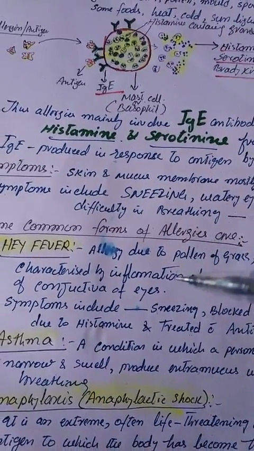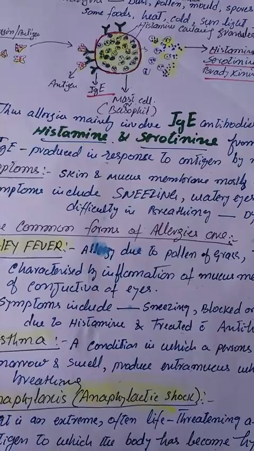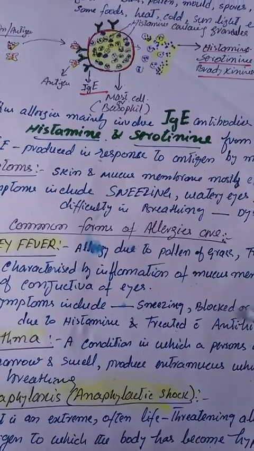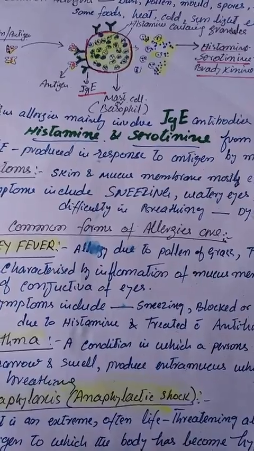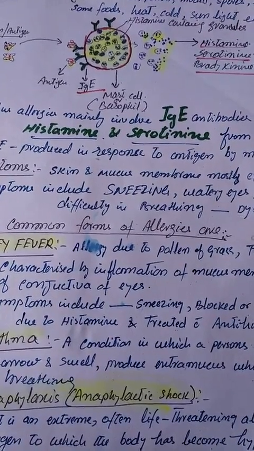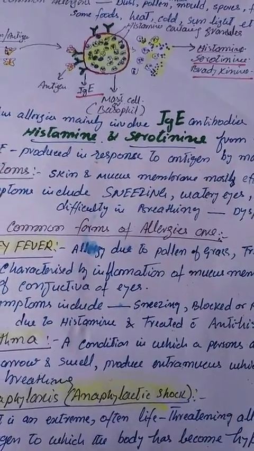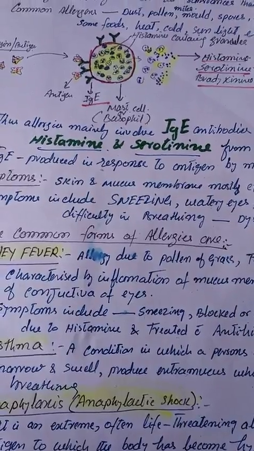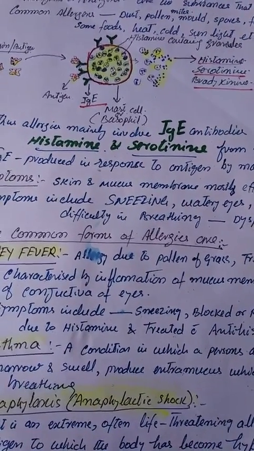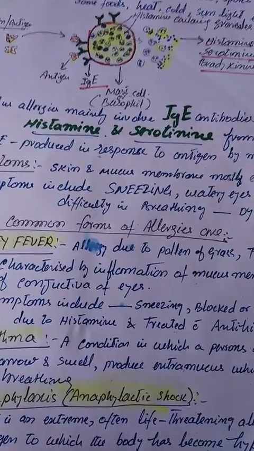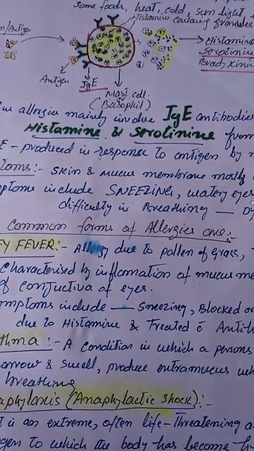It is characterized by inflammation of the membrane lining the nose, that is the nasal mucosa, and sometimes of the conjunctiva of the eyes. The symptoms obviously include sneezing, running or blocked nose, and watering eyes due to the histamine release. And this reaction often responds to treatment with antihistamine drugs.